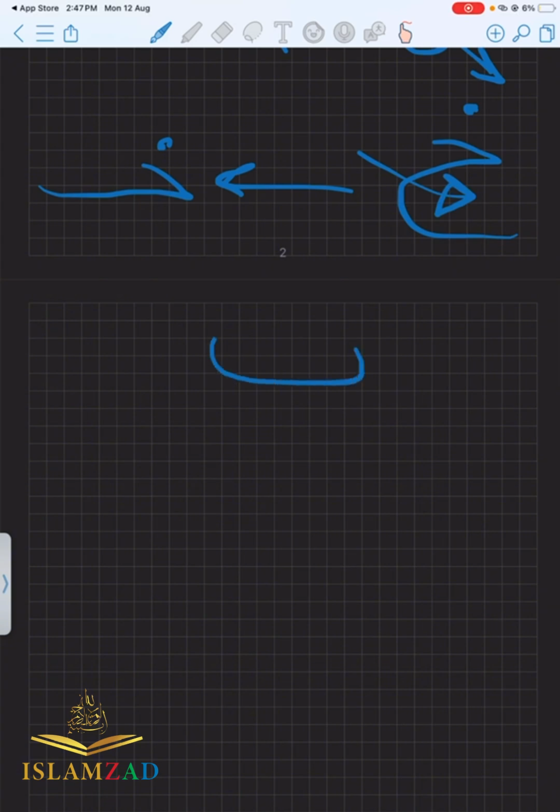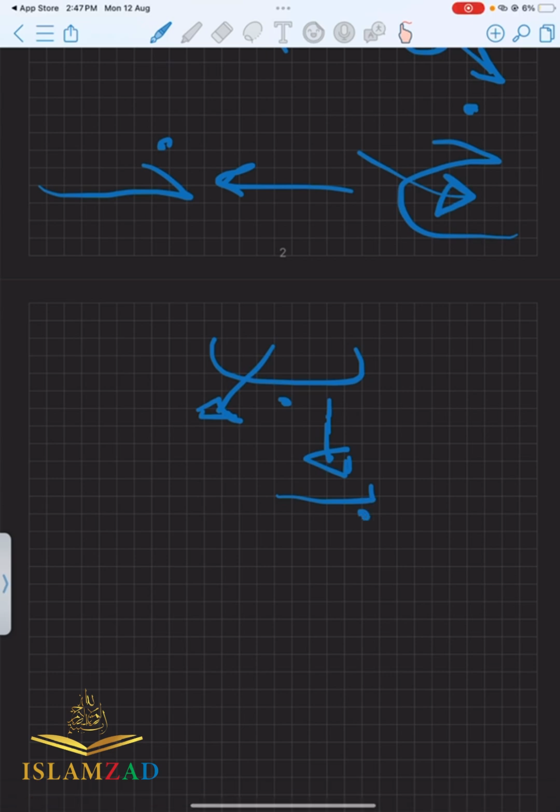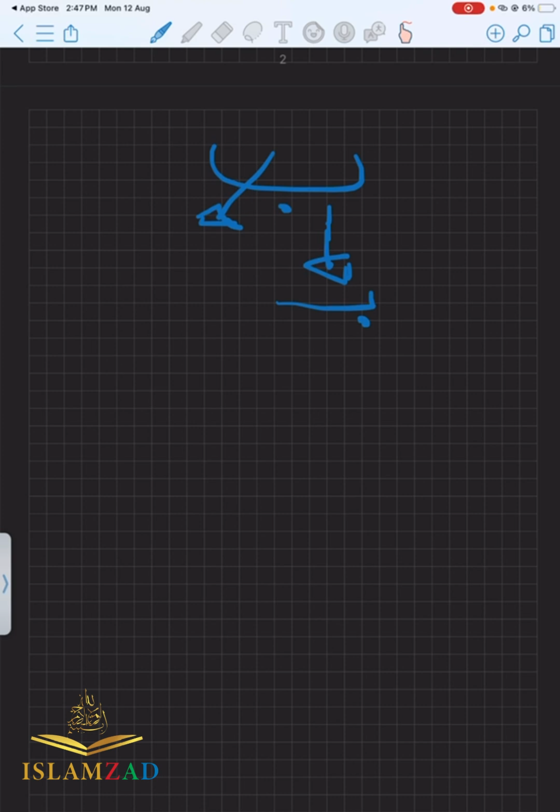For example, the letter Ba. As we said, we will cut the left part and it will become only a teeth, like this. A teeth and a dot on the bottom, okay? Let's make our 3 positions. In the beginning, it will be like this. There's nothing before, that's why it will have a left arm only to connect to the letter after it.